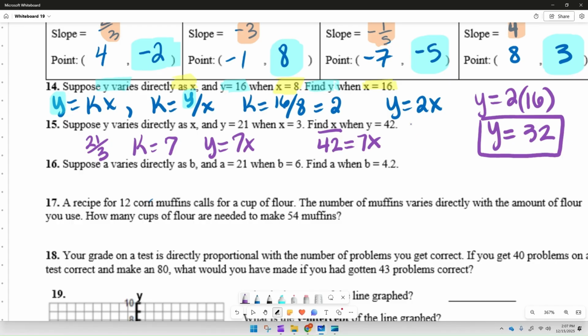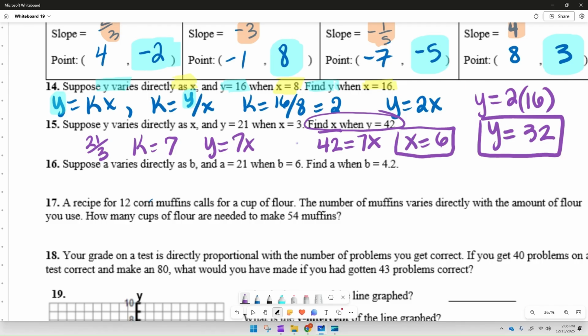So 42 divided by 7 is going to give me 6. So x is equal to 6. Do pay attention to whether we're looking for the x value or the y value, because if you're looking for the x value, you're going to need to divide by the k value.